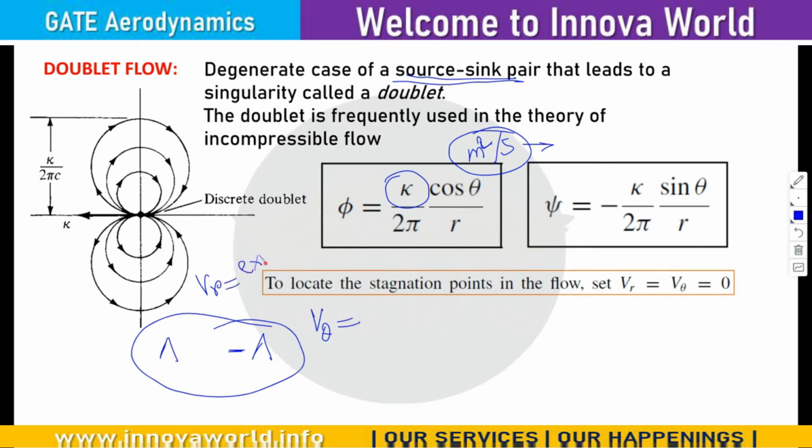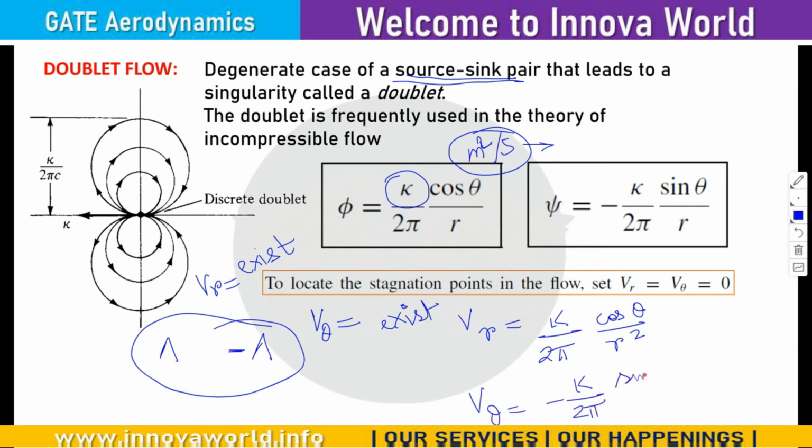Please do note down the formula: VR equals K by 2 pi cos theta by r square, and V theta equals minus K by 2 pi sin theta by r square.